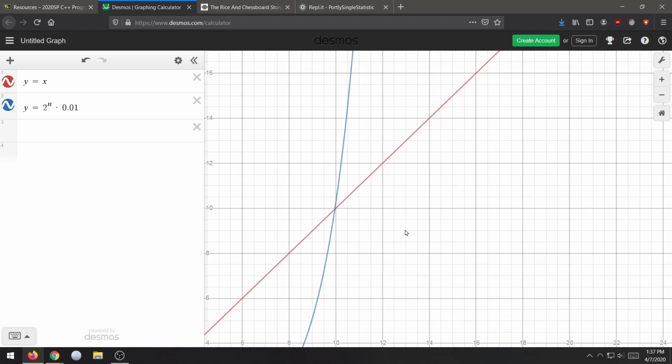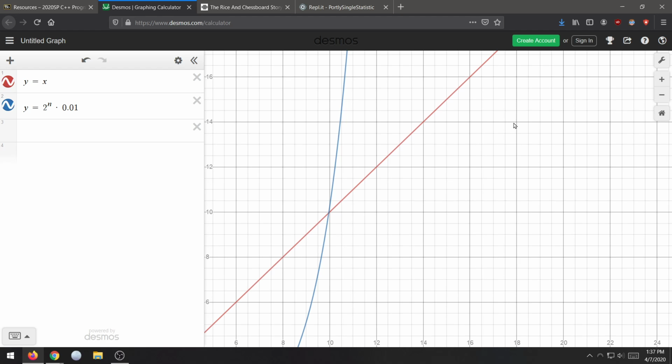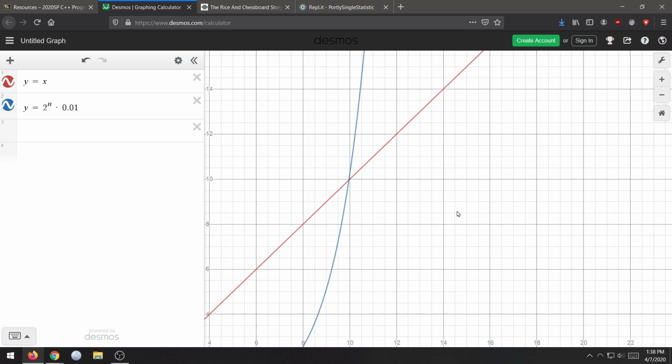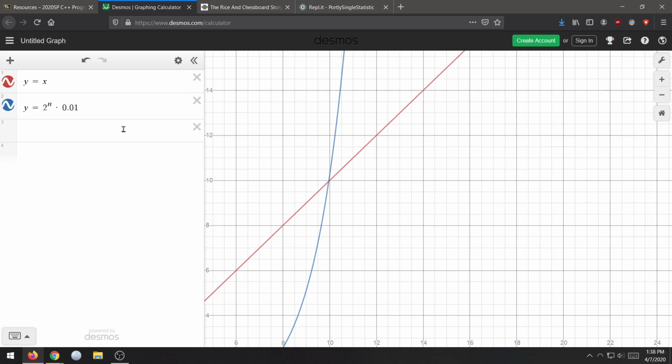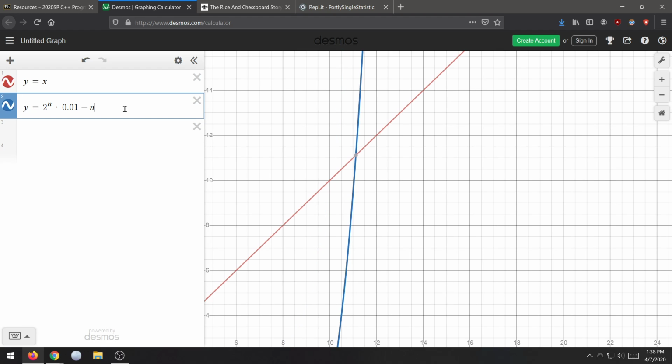So when people talk about flattening the curve, what they want this to do is to go back down. How does it go back down? Well, we could do something like, what if I want to subtract people, like say maybe every day.